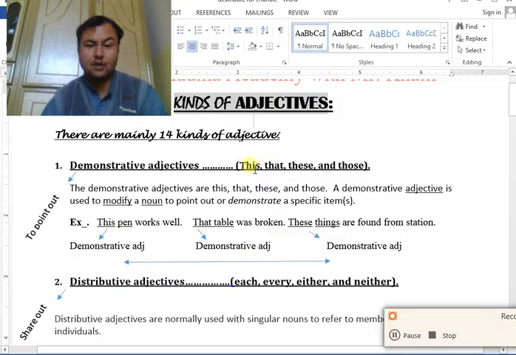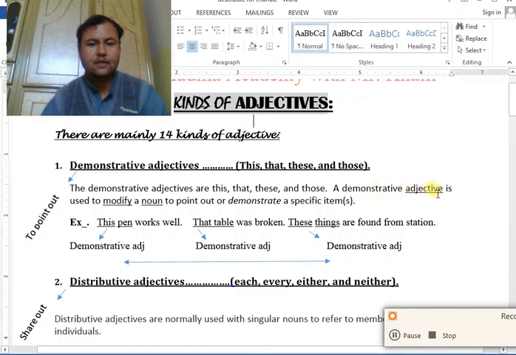Now a question may arise that these are called demonstrative pronouns. Obviously they are demonstrative pronouns, but the usage differs when we use them inside our sentence. The demonstrative adjectives are this, that, these and those.